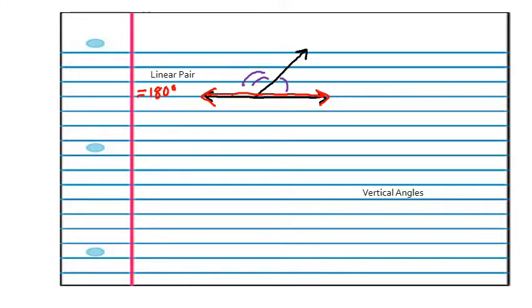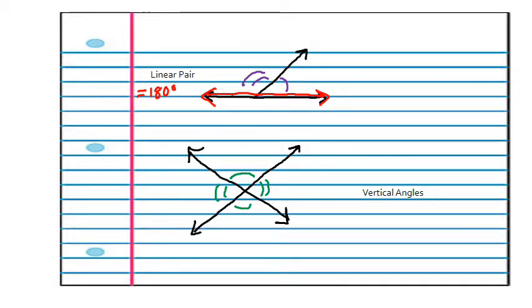Vertical angles are when you have two intersecting lines. And again, when we talk angles, we're talking about the space in between them. Not how long the line is, but how far it is from ray to ray. Vertical angles are always congruent, the guys opposite each other.